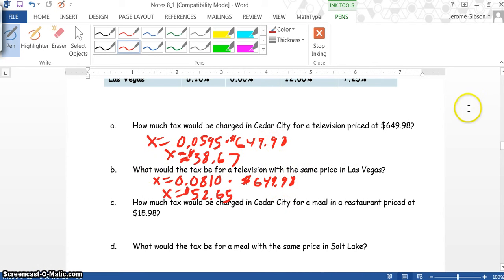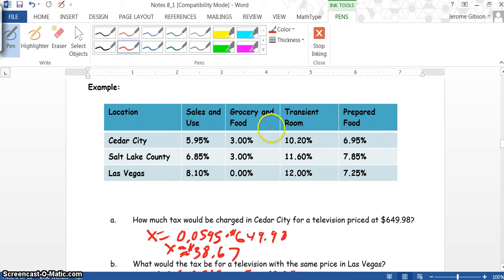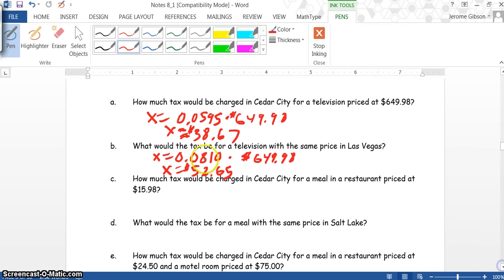It says how much tax will be charged in Cedar City for a meal in a restaurant priced at $15.98. So we need to go here to see what the rate for prepared food or a restaurant is, 6.95%. So we would take X is equal to $15.98 multiplied by 0.0695. Because remember, it was 6.95%, and we changed it to a decimal.